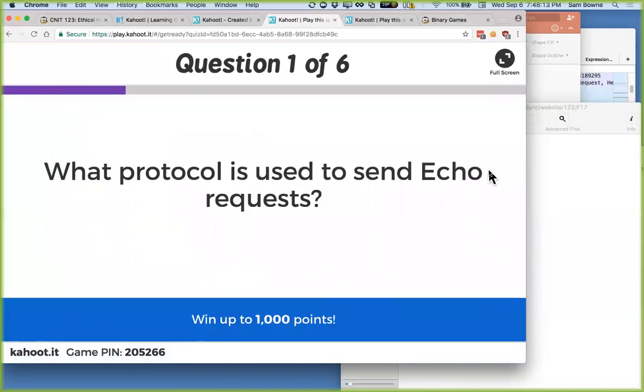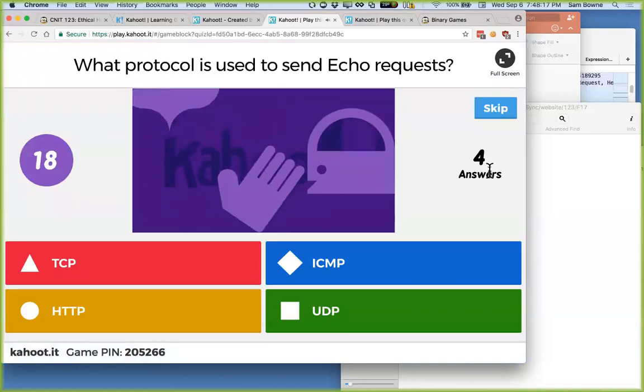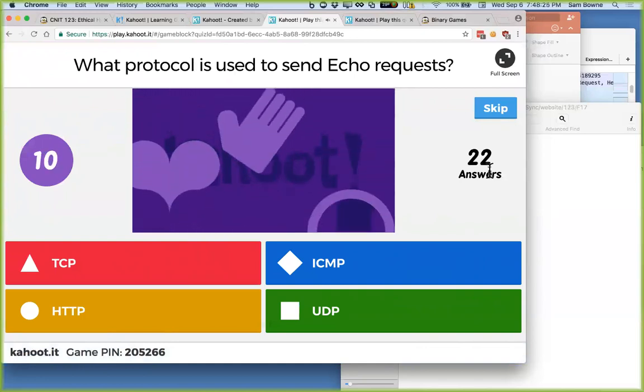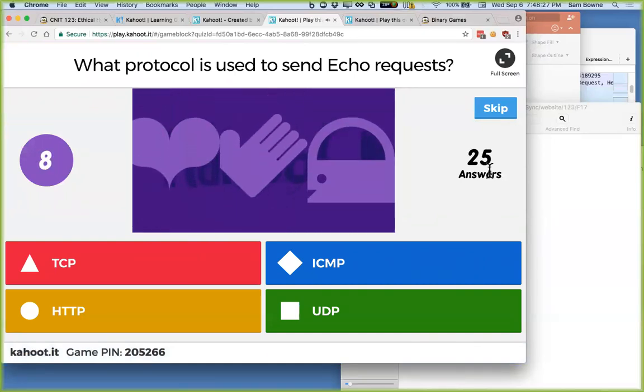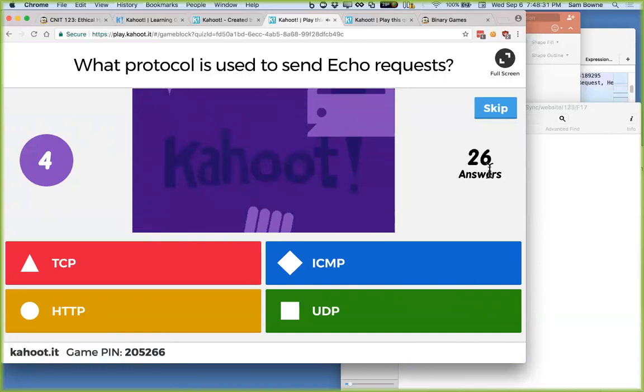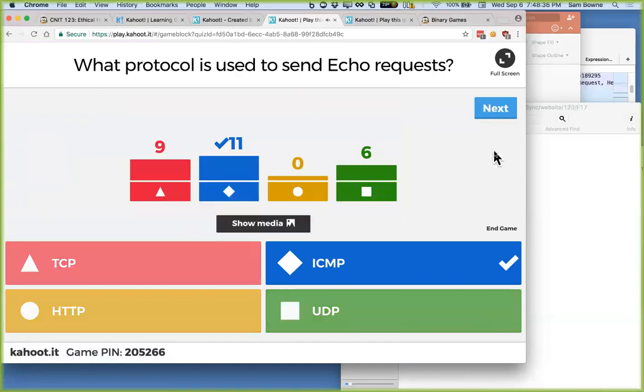What protocol sends echo requests? All right, ICMP, Internet Control Message Protocol. All right, not TCP.